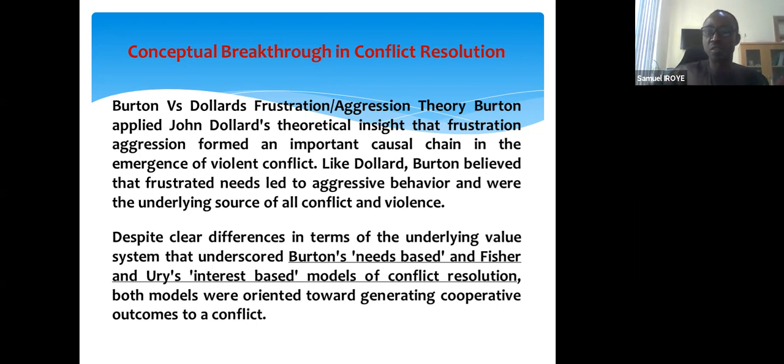That is, the reason why people go into conflicts is because their needs are not met, while Fisher and Ury were talking about interests not being met. So according to Burton, when people's needs are not met, it results in aggression, while according to Fisher and Ury, when people's interests are not met, it results in aggression. You must be able to know the basis of these two theories.